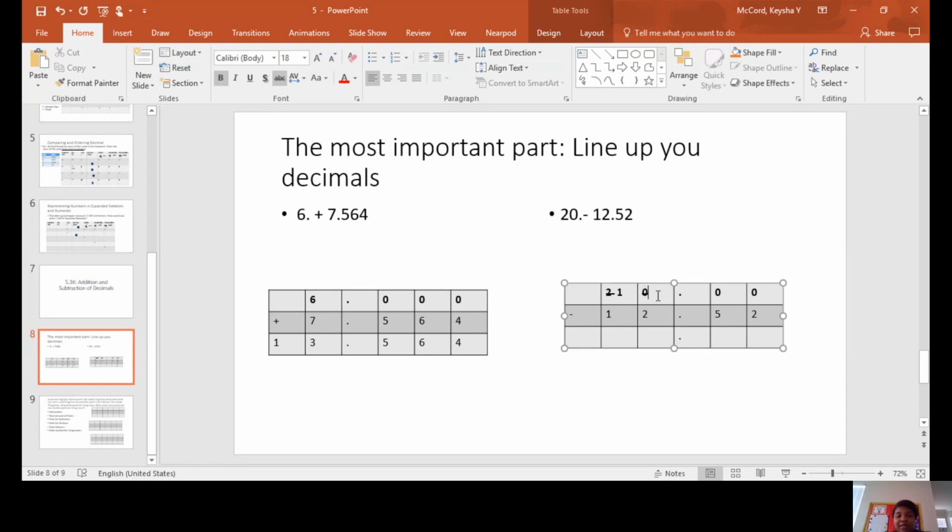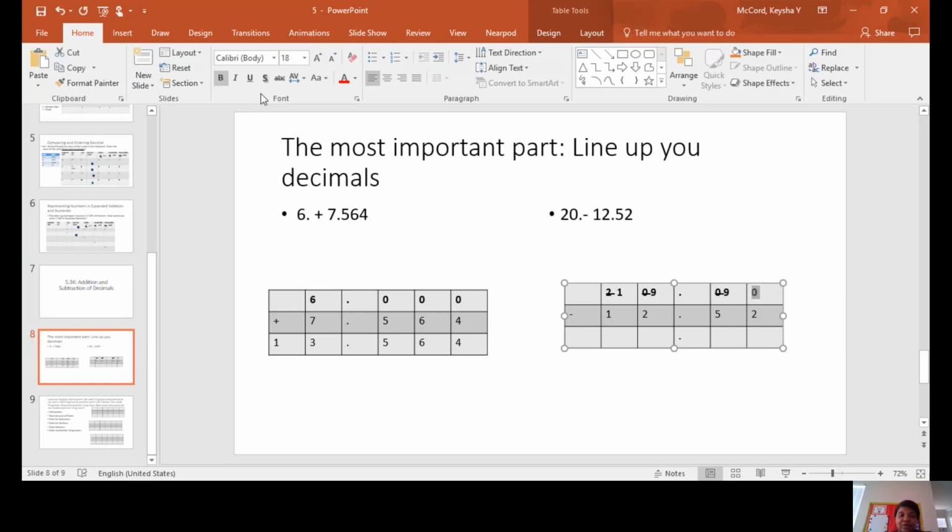It's going to become a 9 because I'm going to borrow. This is now a 9. This will also become a 9 because I had to borrow from the 0. And then this will become a 10 because I borrowed.